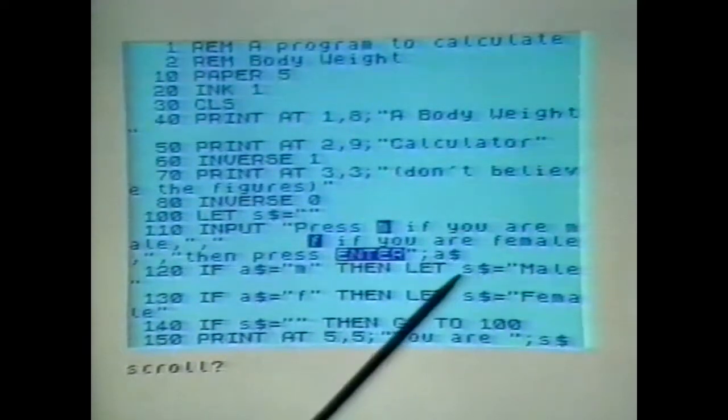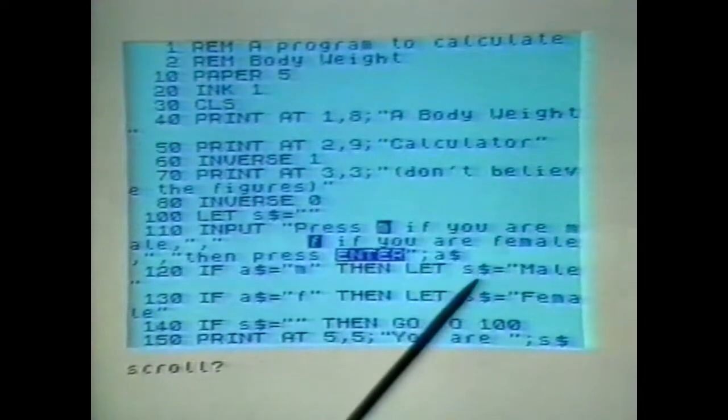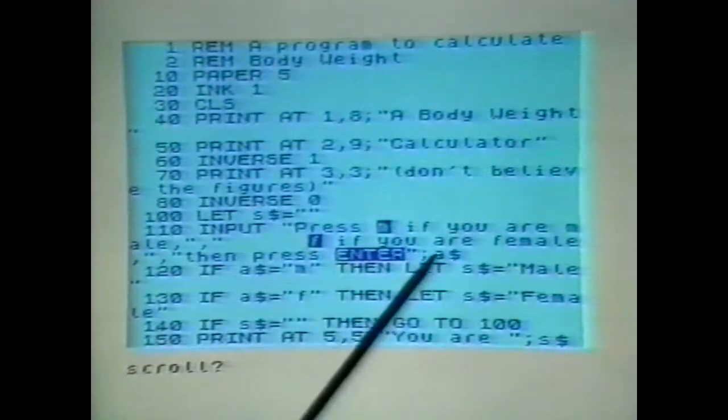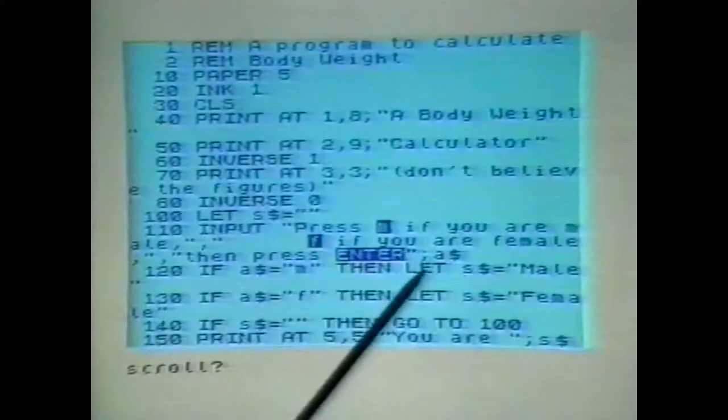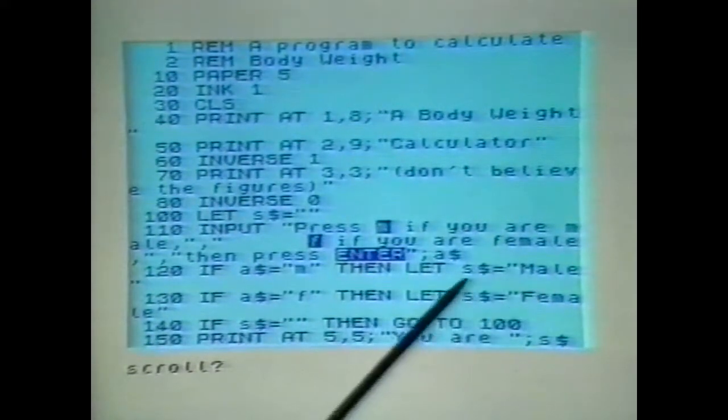B$, in the same way, is another variable. Because it's got a $ after its name, it's going to be something that's going to hold characters. Whereas with A$, we put a value in there by typing it in an input statement, a let statement allows us to put whatever value we like into that variable.